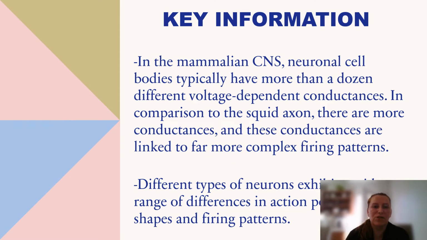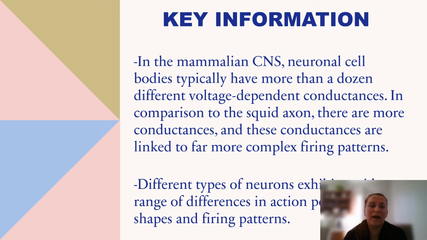Some key information that we need about this is that neural cell bodies in the mammalian central nervous system typically have more than a dozen distinct voltage-dependent conductances. The greater number of conductances compared to the squid's axons is associated with much more complex firing patterns than can be produced by the squid.